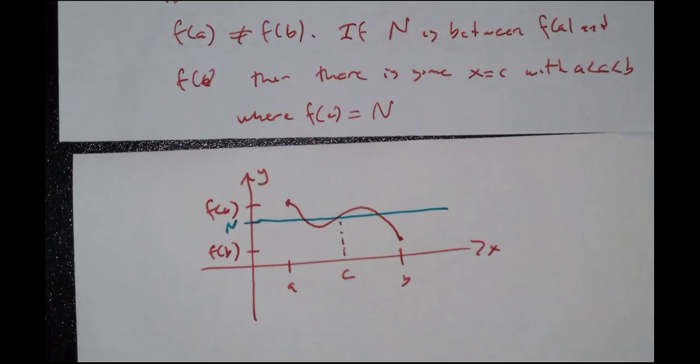The intermediate value theorem says that because f is continuous, it must hit every value in between, intermediate from f of a to f of b, somewhere between a and b. You must always fill in all of the vertical space unless you jump over it, right? And if you jump over it, you're not continuous.